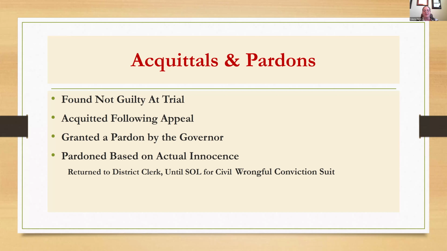Let me know how that goes. It does happen sometimes that a pardon can be based on actual innocence, like new evidence has come to light and they found that you're innocent of the charge and release you. You can be eligible for an expunction in those instances.